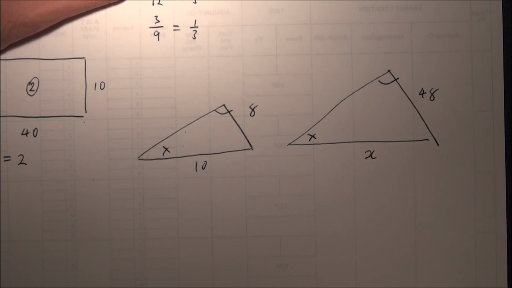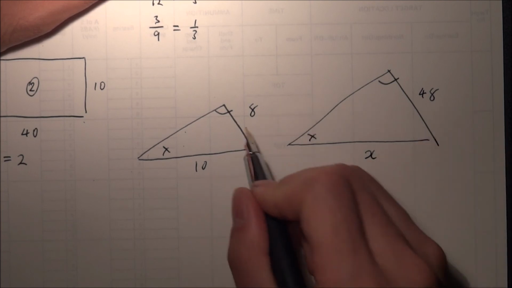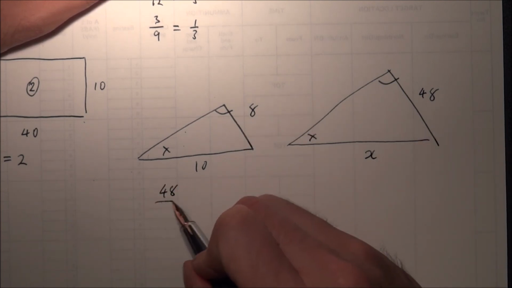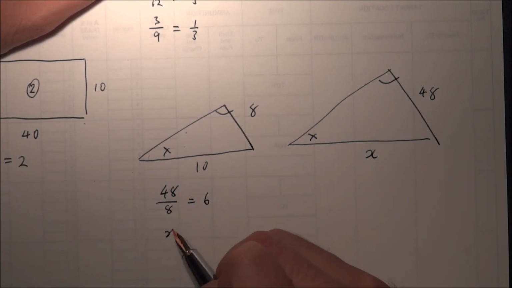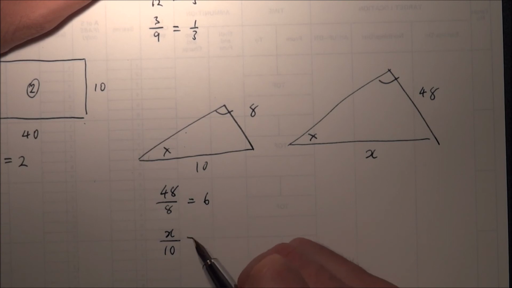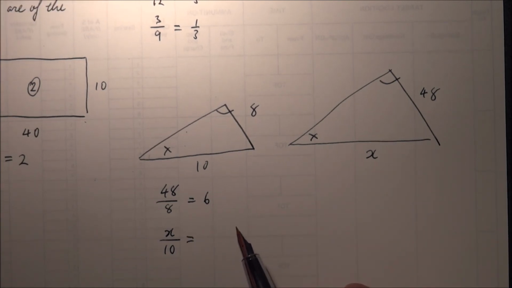but we don't know the length of this side. What we can do is match the long side over the long side, so 48 over 8, which is 6. And the x over 10. If they're similar, then the matching sides have the same ratio.